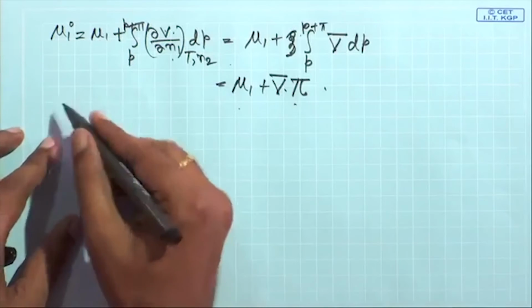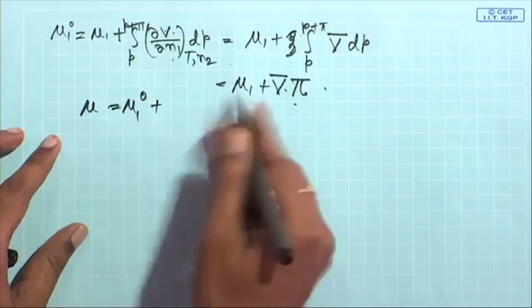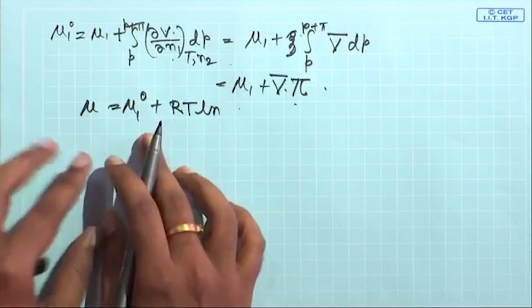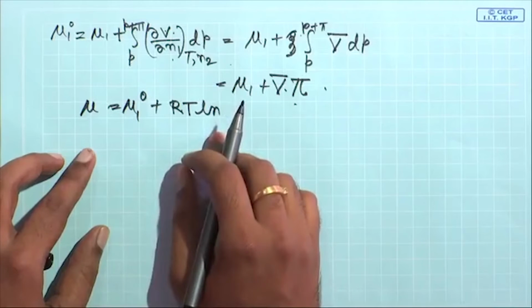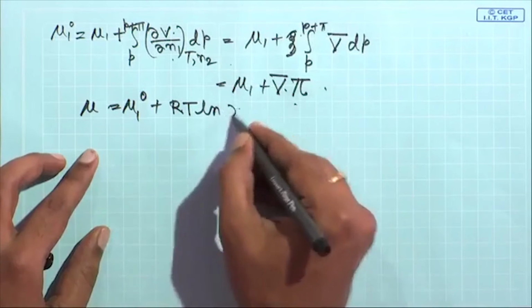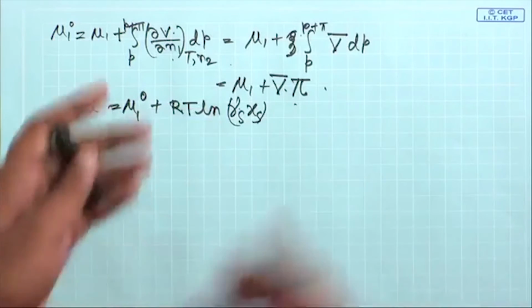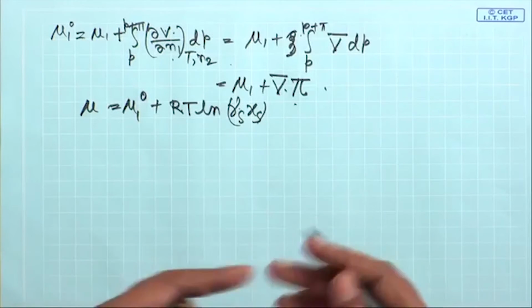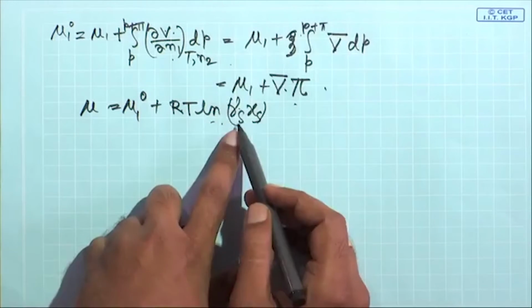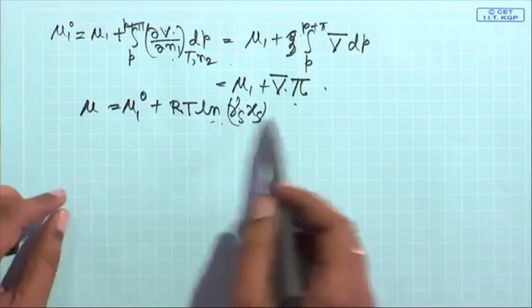So, you know this relation: mu equals mu 1 0 plus RT ln x. RT ln x is nothing but, I am just interchanging the terms here, RT ln activity, where activity is equal to gamma s into x s, and x is the mole fraction, which I have talked about before.